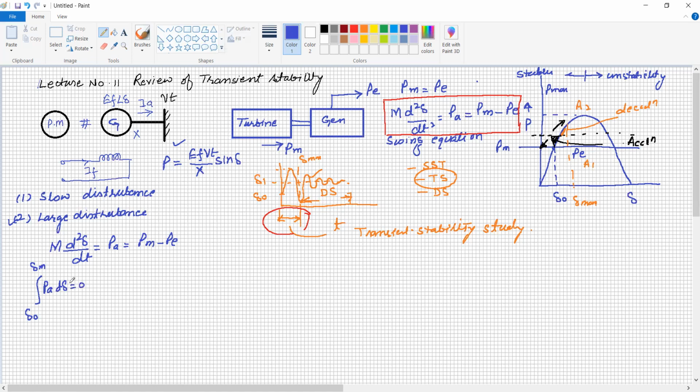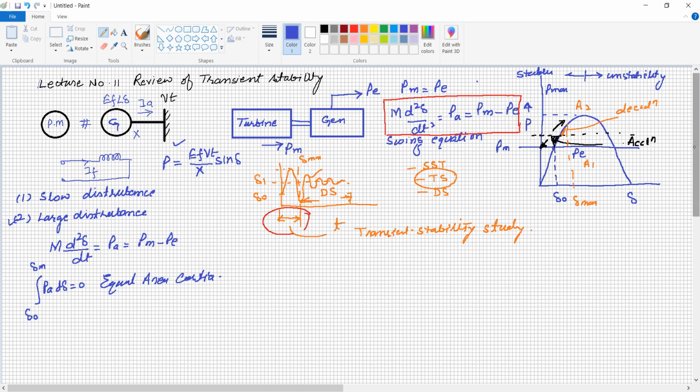Means the area under the accelerating power curve should be equal to 0. Then the system is stable, and this is called the equal area criteria. The transient stability is judged with the help of the equal area criteria.